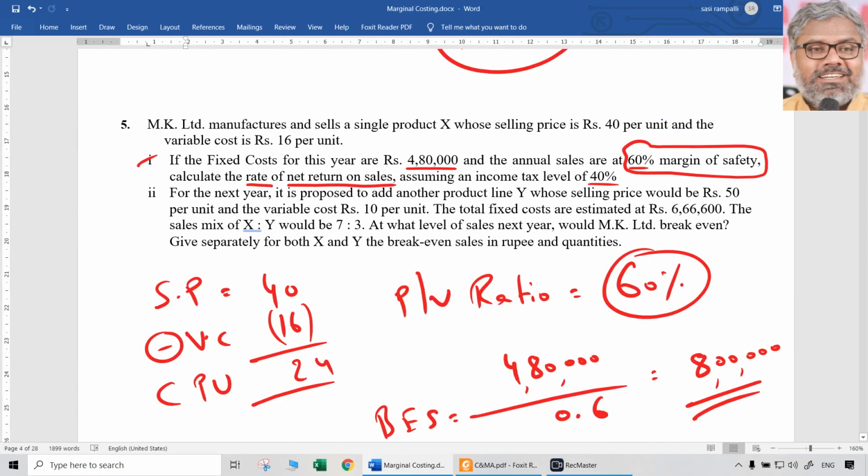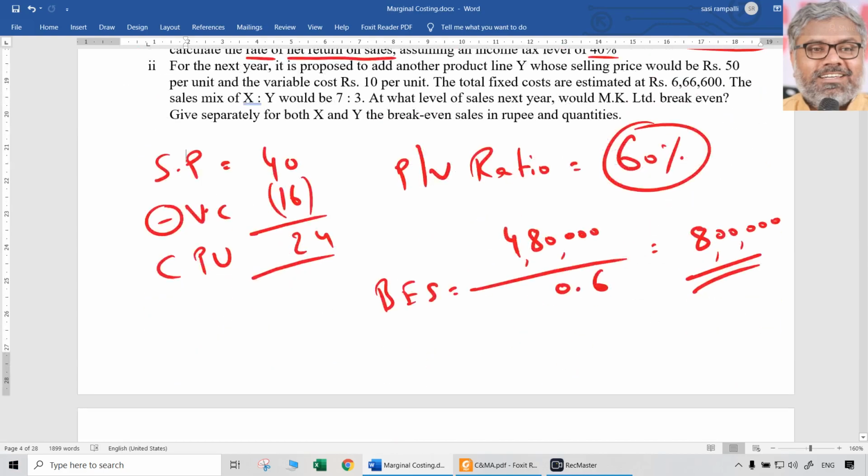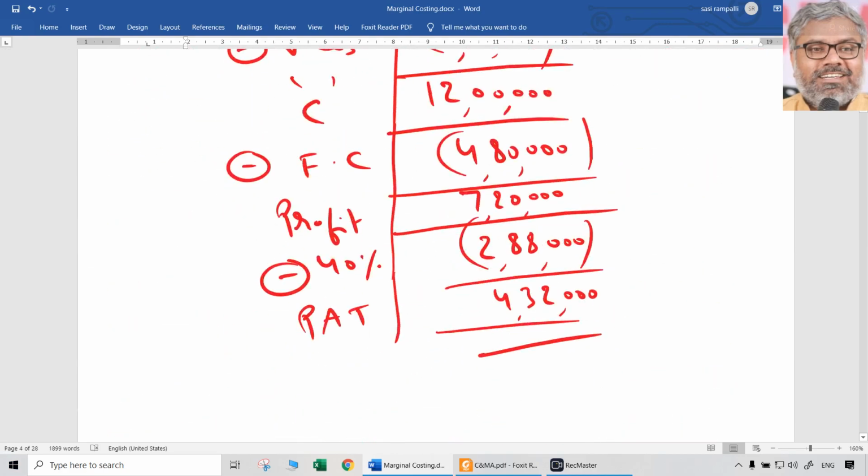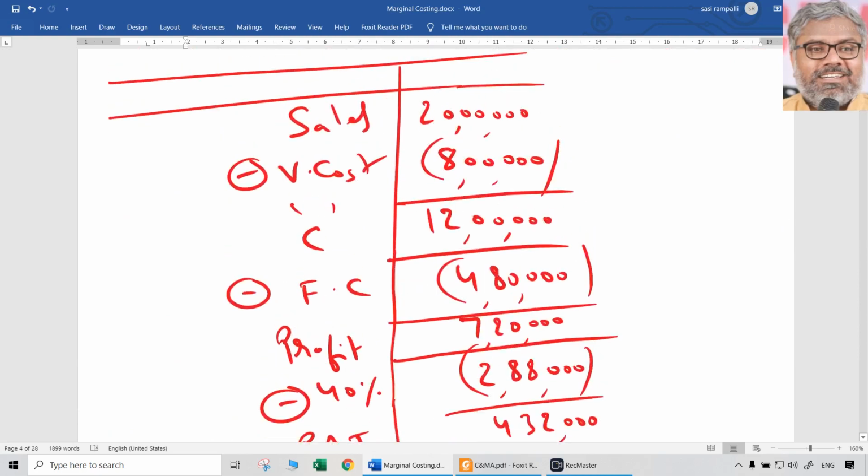Rate of net return. Rate means what? Rate means percentage. Rate is not just about some absolute number. Absolute number we know, that is 4,32,000, but what was asked is not an absolute number, it is a percentage. How do we know that? Percentage of profit on sales, simply speaking, 4,32,000 is the profit divided by sales of 20 lakhs.